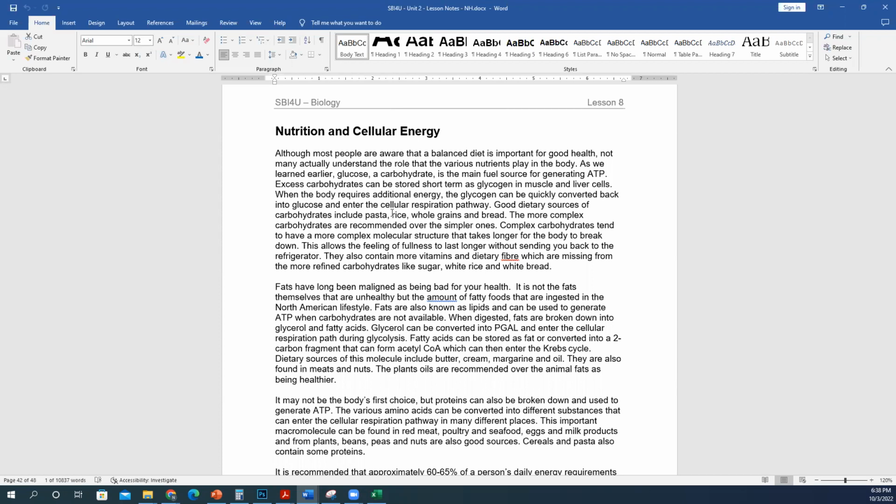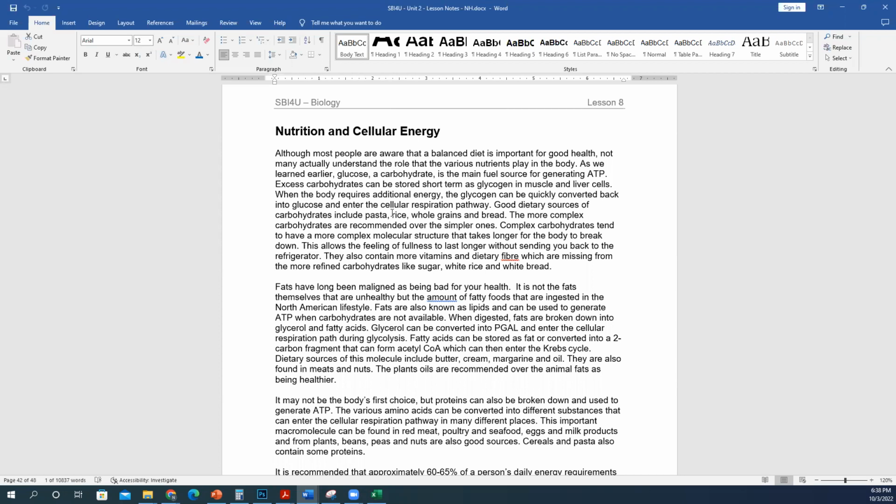So if we have excess carbohydrates, they can be stored short term as glycogen in our muscles and livers. And then when our body needs additional energy, this glycogen stored in our muscles and liver cells can be quickly converted back into glucose that enters the cellular respiration pathway and produces energy for us as we need it.